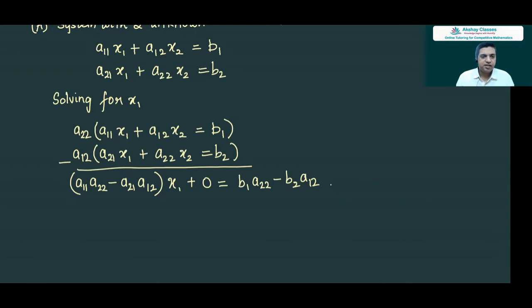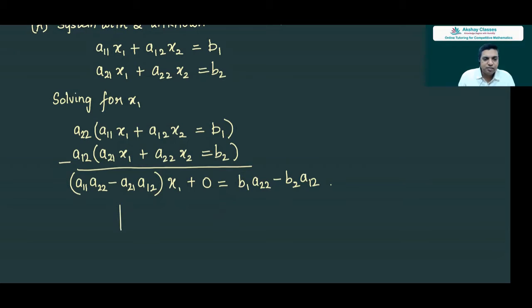So now we get x1 as b1 a22 minus b2 a12. Before I go into this step, I will write this differently because I have to explain Cramer's rule here.